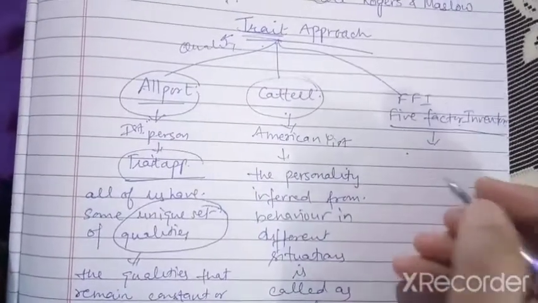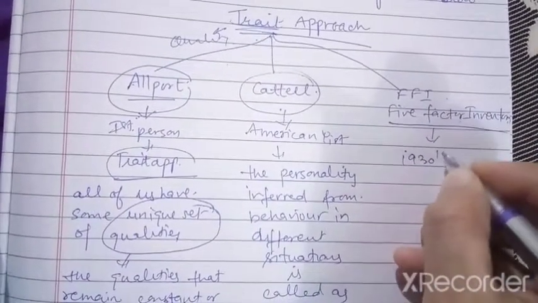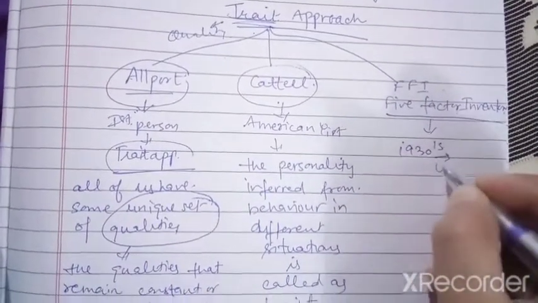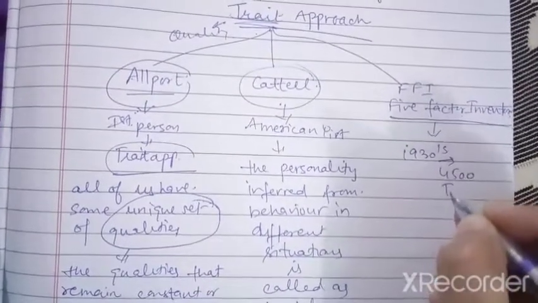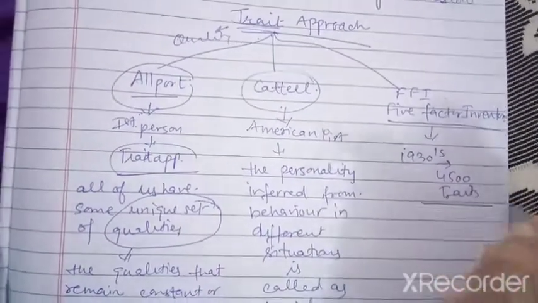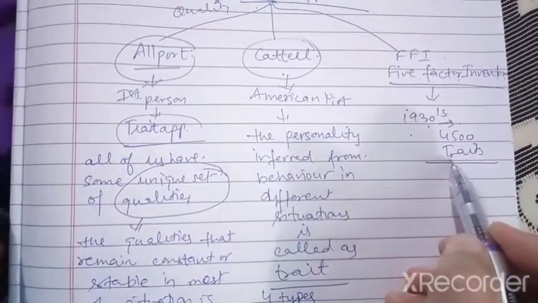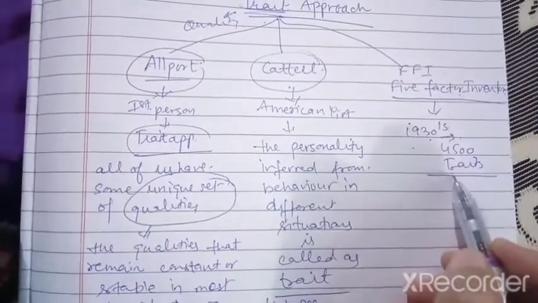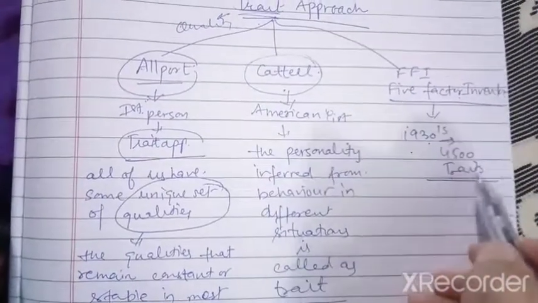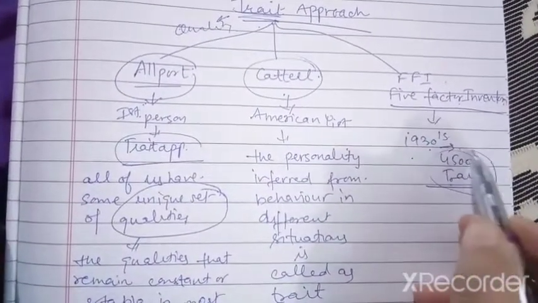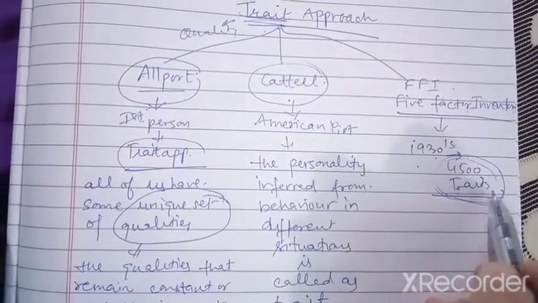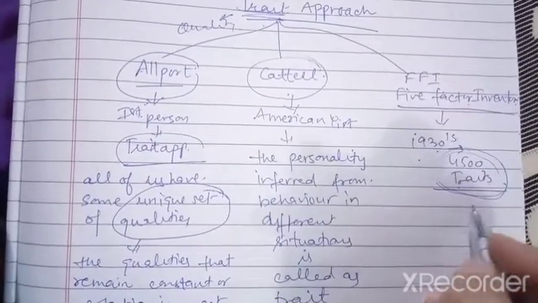Around the 1930s, there was a list of 4500 traits, and it was very difficult for psychologists to assess these 4500 traits in a person at one time.